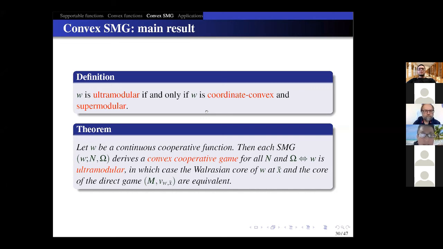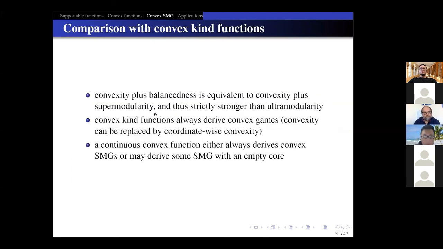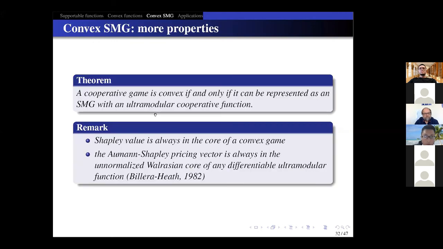We know that convex games have some further nice properties compared with ordinary balanced games. We find that this class of function can also be characterized cleanly, which it turns out that this kind of function is the ones that are coordinate-wise convex and supermodular.